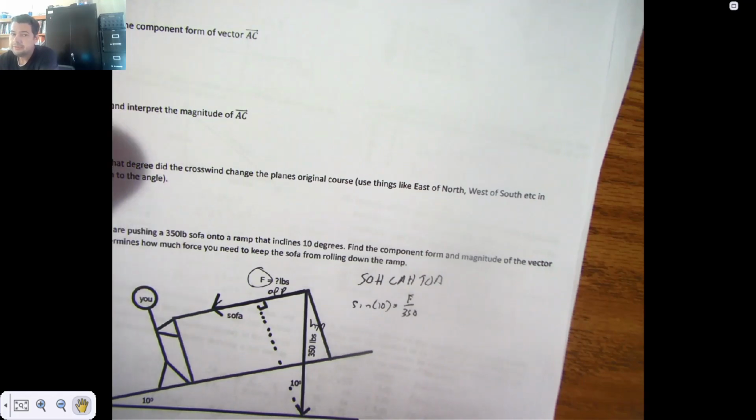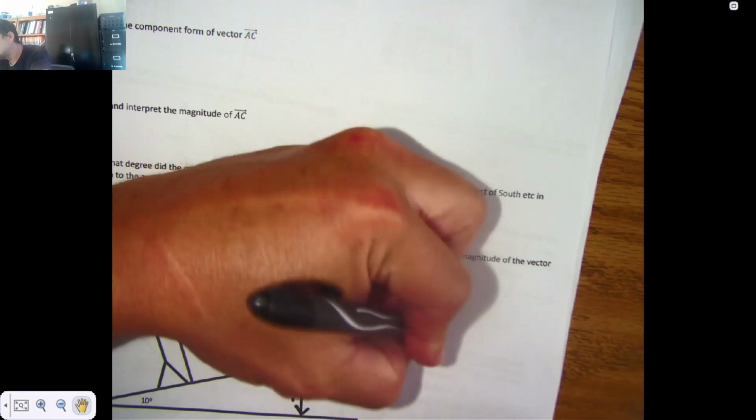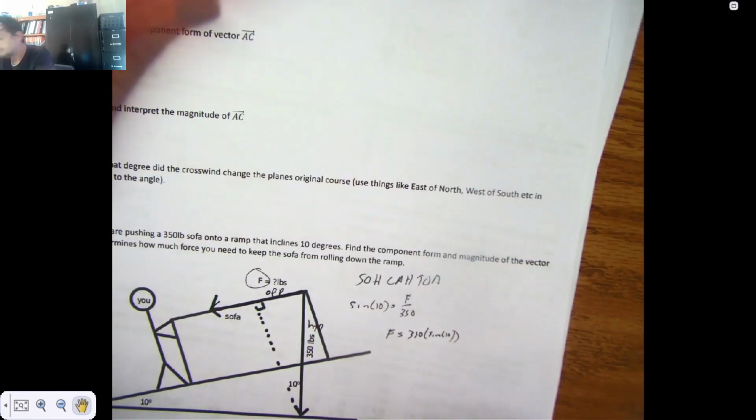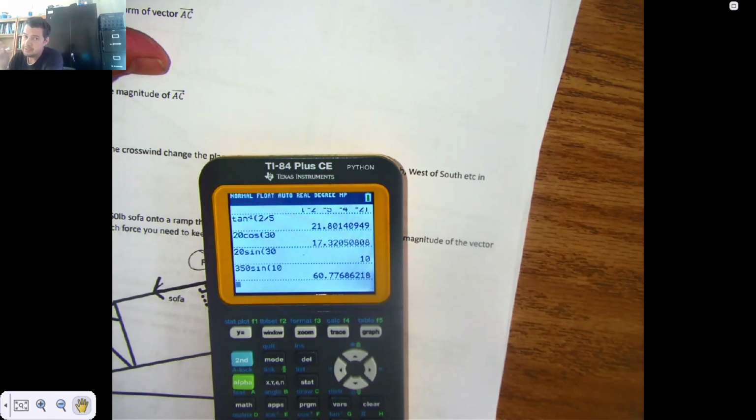It's not going to be 350 pounds. We'll see what it is. It turns out the force you need to push is 350 times the sine of 10. This is an important skill. They're supposed to do this in physical science. It is legit supposed to be taught in physical science. It's about 60.78 pounds.